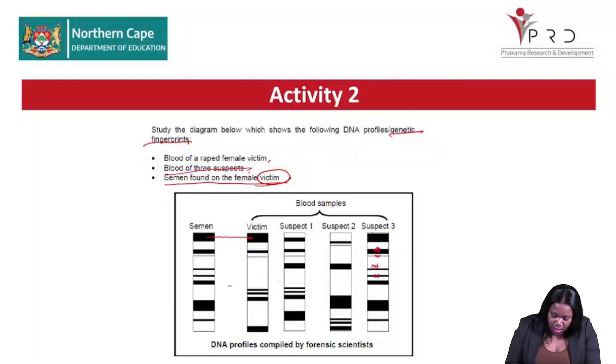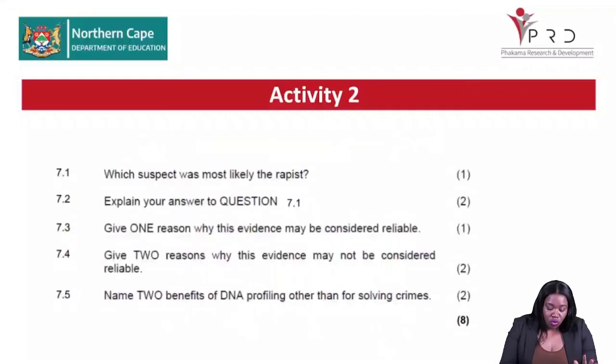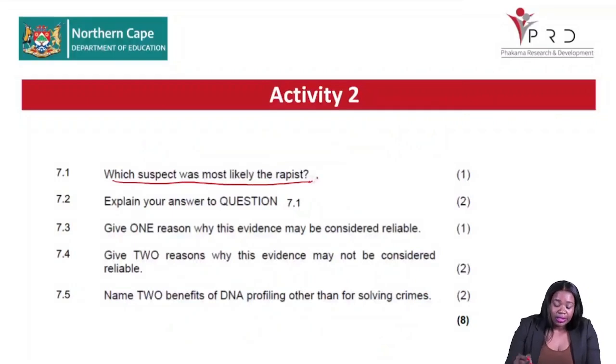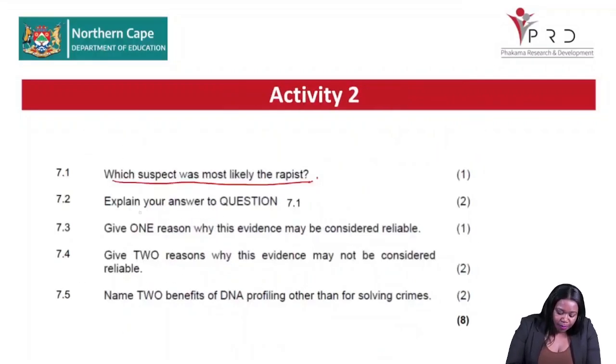So we can already see that this is matching with suspect 3. And then the last one again is suspect 3. So we can already see that it is suspect 3 who committed the crime. So which suspect was most likely the rapist? So it is suspect 3. Right. Explain your answer.